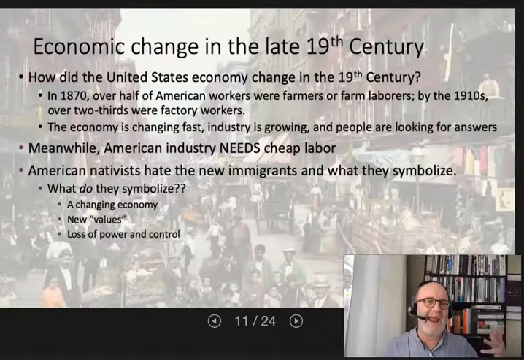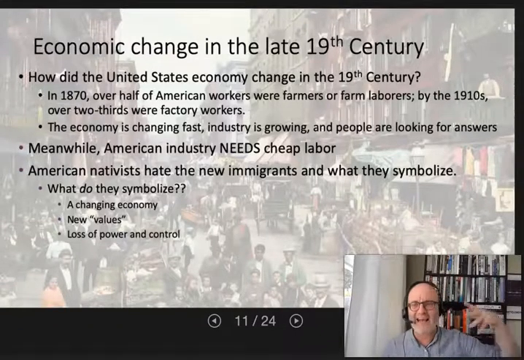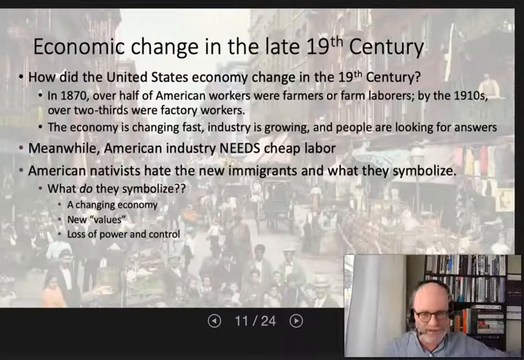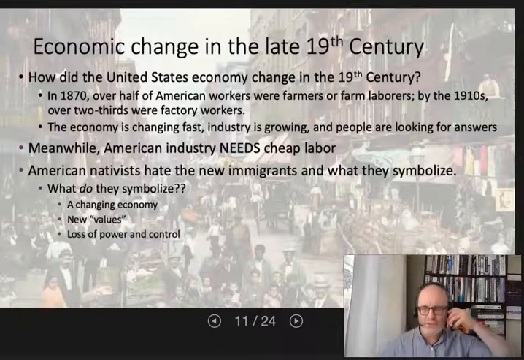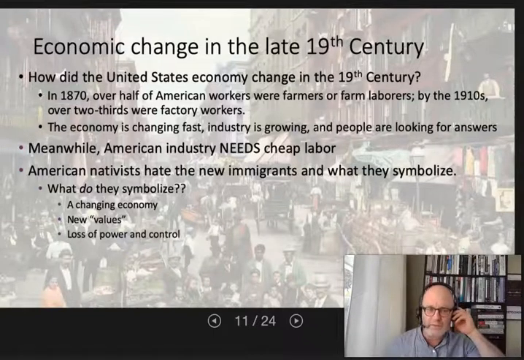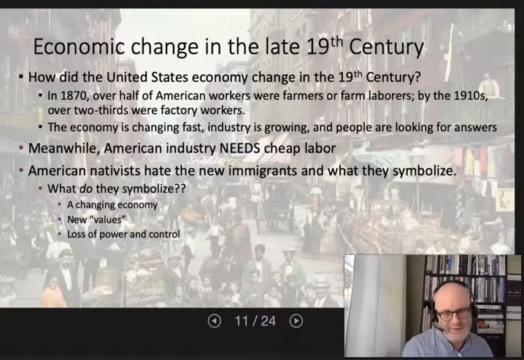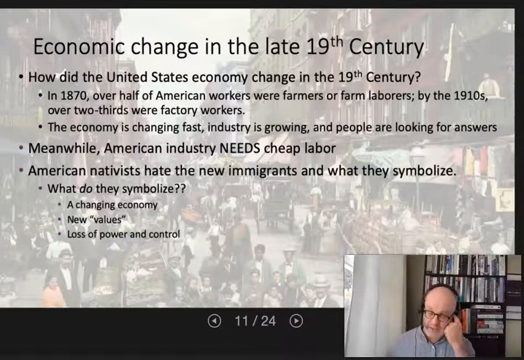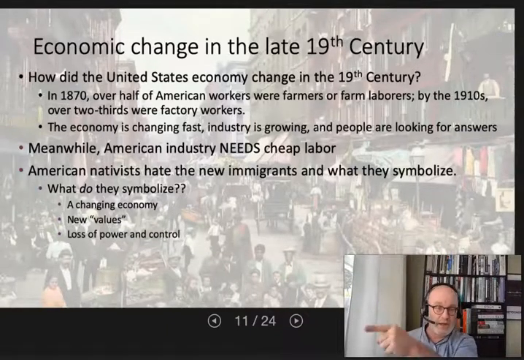It's very hard to get angry at an abstract economic system, or broad glacial demographic changes, or changes in living patterns or something like that.